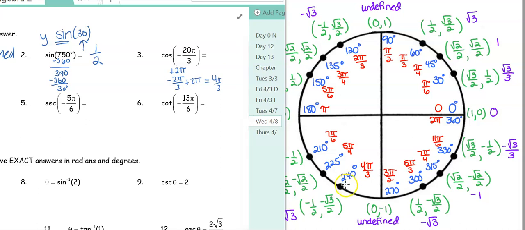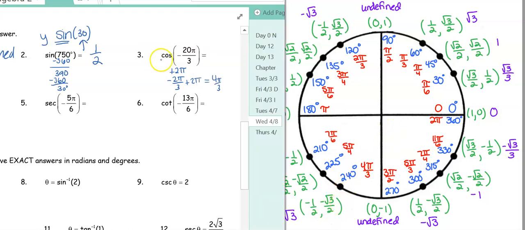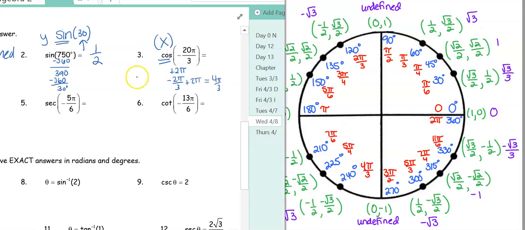But our goal is that we are looking here at 240 degrees. And because we want cosine, we are looking at the x-coordinate. So once we find the correct location, we are looking for the x-coordinate at that location. That's that first number in the ordered pair. So the cosine value is a negative 1/2.